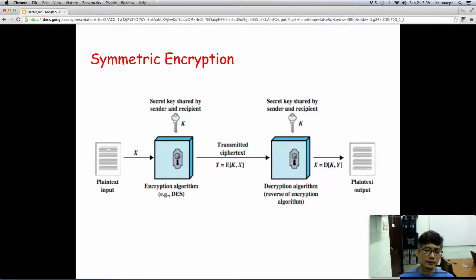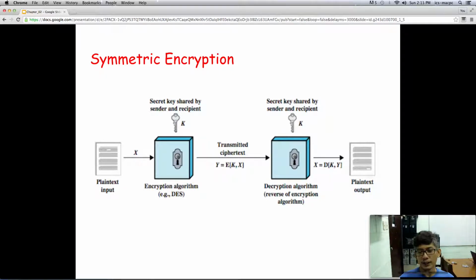As you can see in this example, you have the plain text input, and we denote it as X, and that X will be the input to an encryption algorithm. In addition to the plain text, we also have a key, and that key will be used to generate the ciphertext, and the ciphertext will be transmitted.